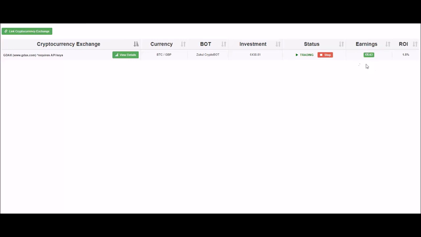Now, that may not sound very much to you, and I absolutely understand that, but with the power of compounding, if it's making just 1.5% over, let's say, 30 days, it could turn that £438 into, what will it be? It'll probably be around about £260 profit. So it'll increase that by about £260.